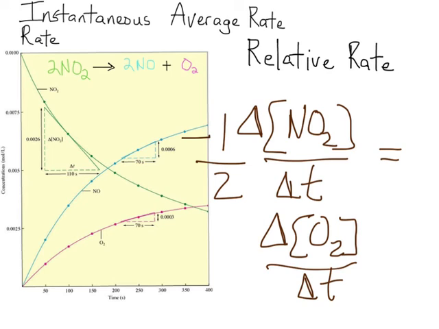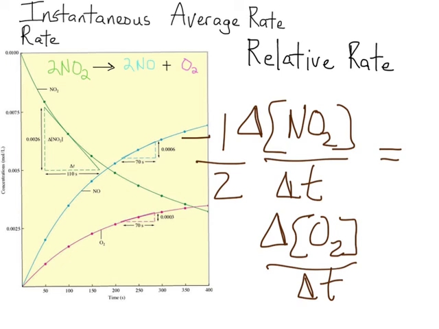And the trick to writing relative rate statements is to use the coefficients in the balanced chemical equation as fractional coefficients in front of each average rate statement. So if I know then the rate of the reaction with respect to NO2, I can figure out the rate of the reaction with respect to the O2.